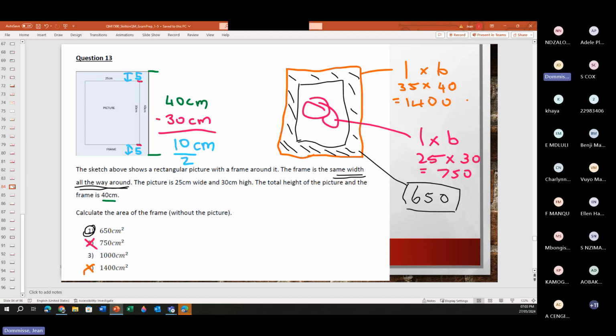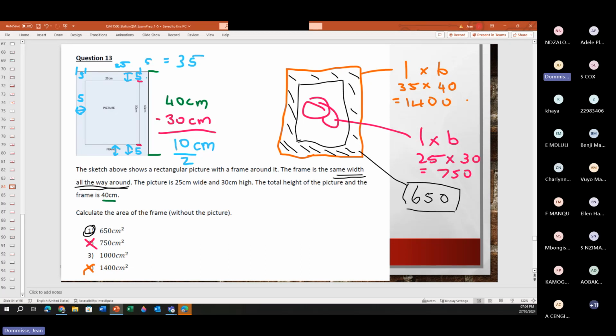And because they told us the width is 5 all the way around, that component is also 5. That is also 5. So if I want to get the outside of the frame, it is 5 plus this 25 plus that 5 again. So 5 plus 25 plus 5 will give us 35 for outside.